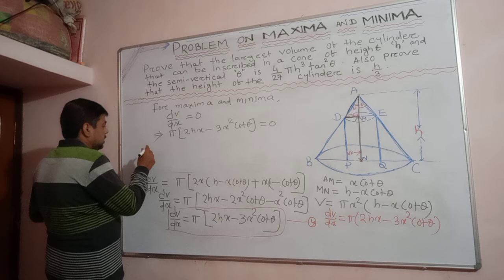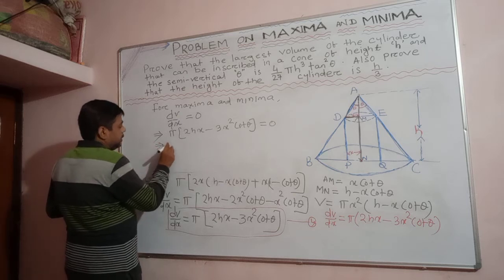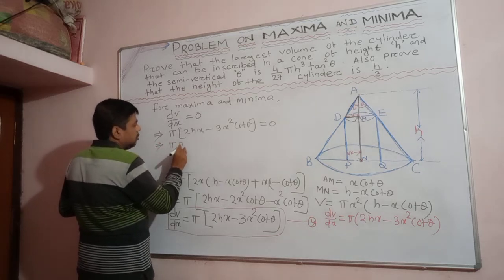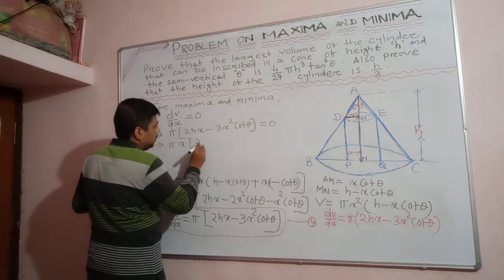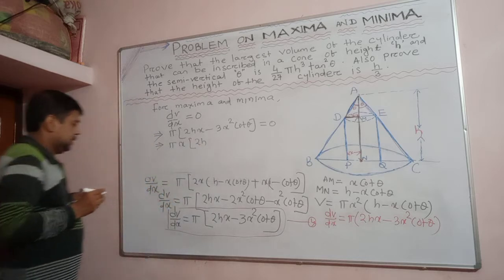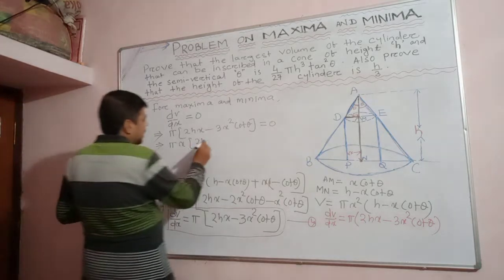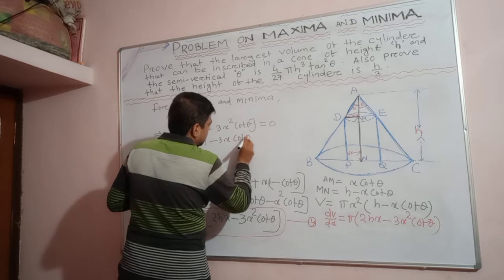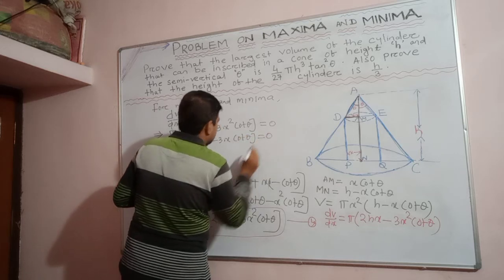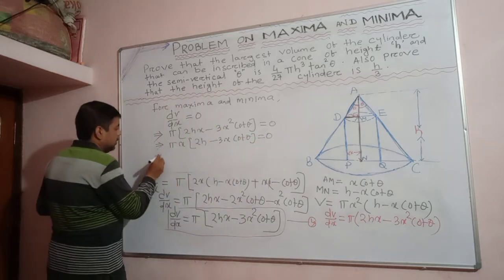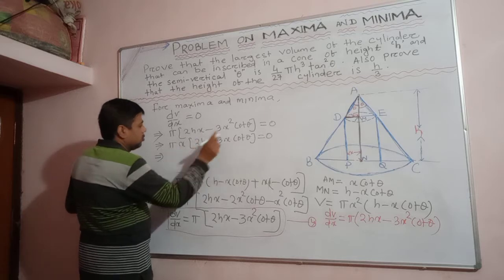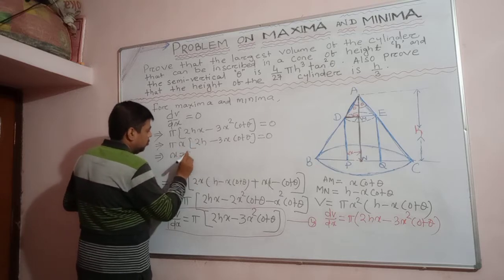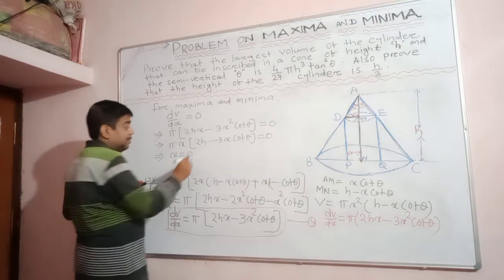Then you bring the common pi and x common. After that you will get x times 2h minus 3x cot theta is equal to 0. So that implies x is equal to 0, which is never possible.